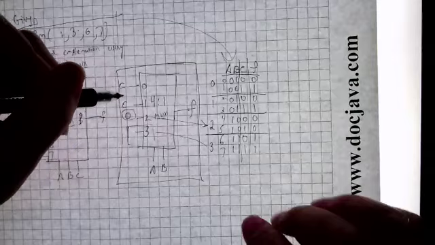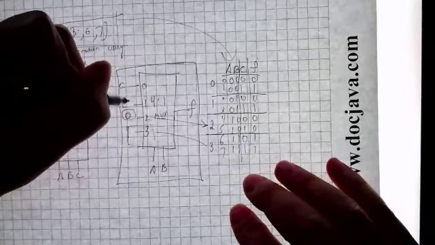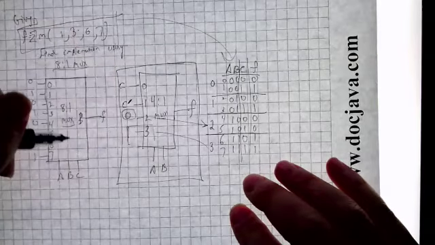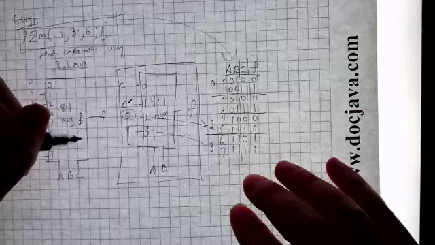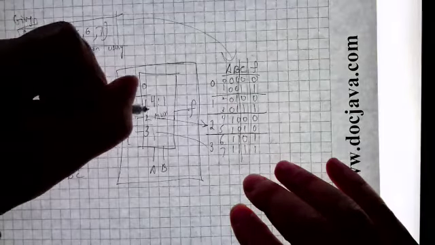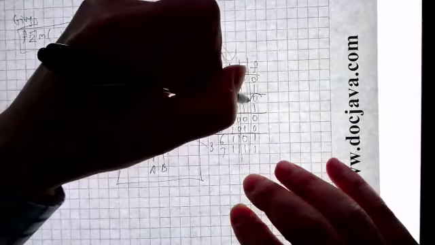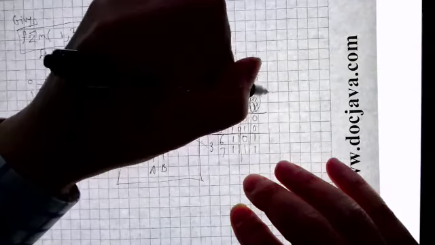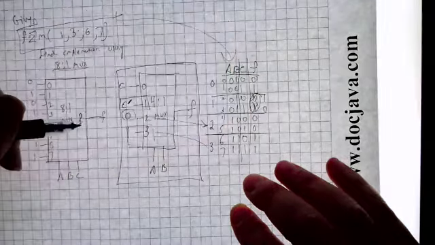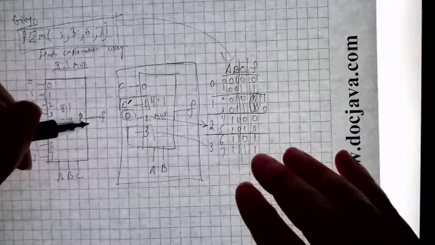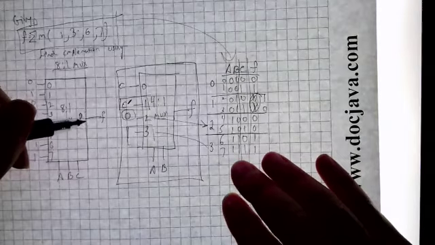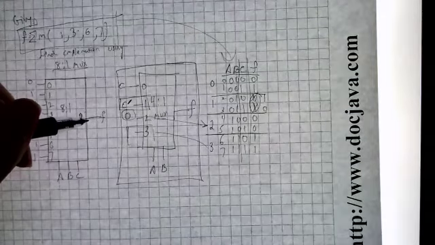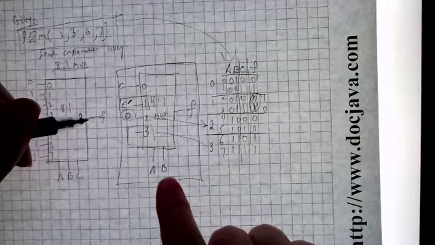Now, what would happen if I said, let's put in C prime? Well, if this is equal to C prime, I'd have to go in here and modify the truth table to take C and invert it, 1, 0. So as you can see, you can have an arbitrary 3-variable truth table implemented with a 4-to-1 multiplexer.